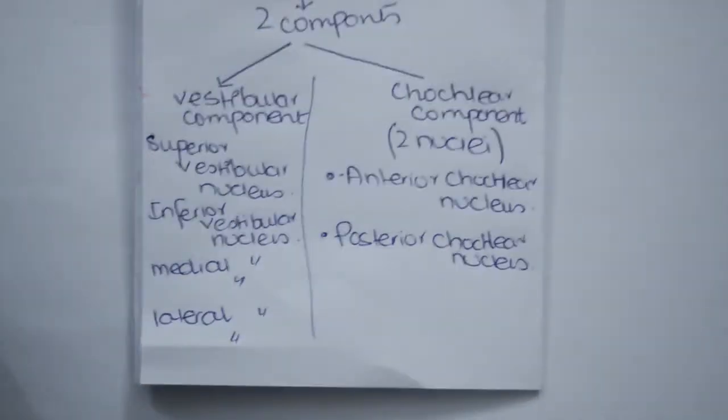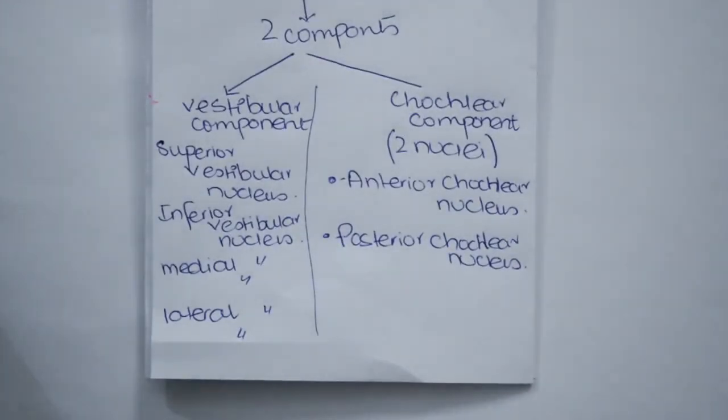I'll repeat: superior vestibular nucleus, inferior vestibular nucleus, medial vestibular nucleus, lateral vestibular nucleus, then the anterior cochlear nucleus and the posterior cochlear nucleus. These are the 6 nuclei of the 8th cranial nerve.